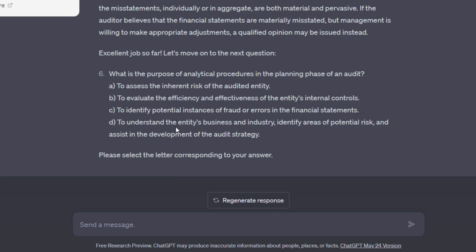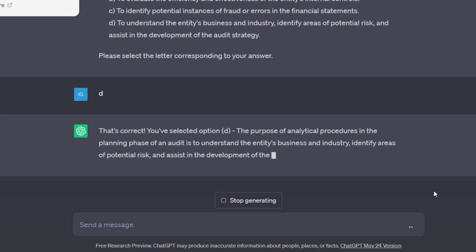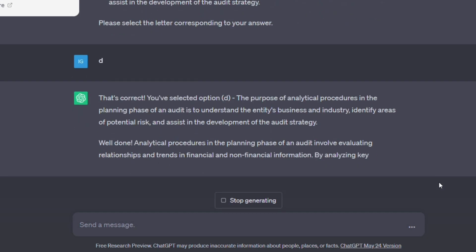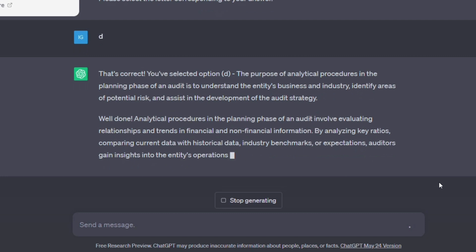Because in the planning phase, the purpose is really to understand the entity's business, internal control, risk assessment, determining materiality, and making the audit program which is tentative yet. What if I'm wrong? Oh no, I'm not. Next.